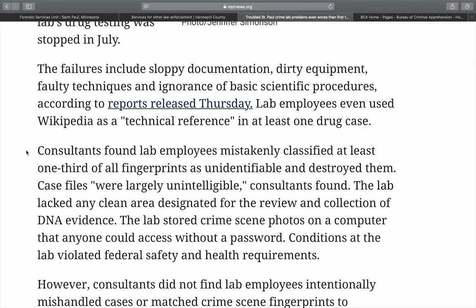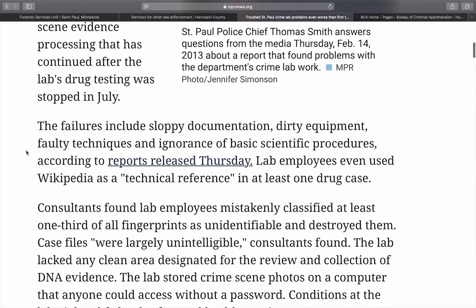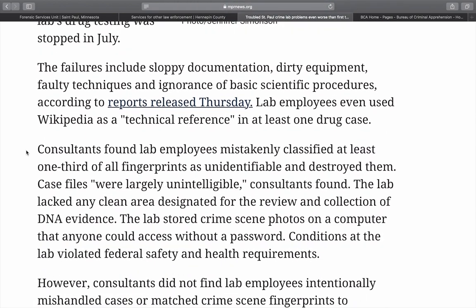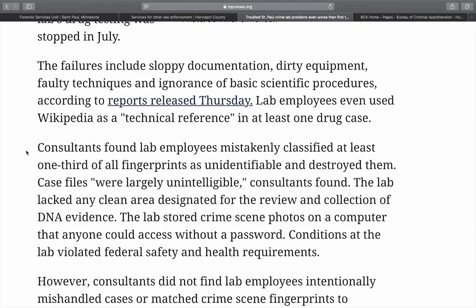So the St. Paul Forensic Unit lab basically shut down, and everything had to be revamped from head to toe, completely gutted. Consultants found lab employees mistakenly classified at least 1/3 of all fingerprints as unidentifiable, and so the evidence was just destroyed.